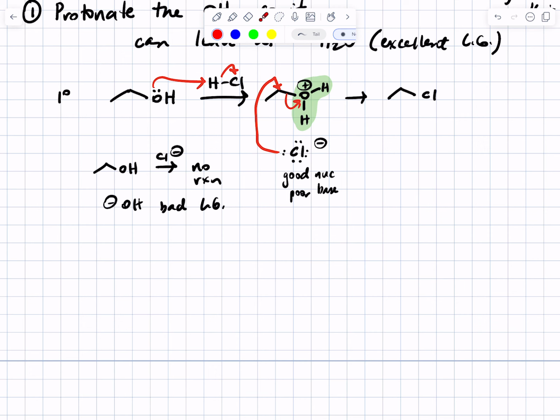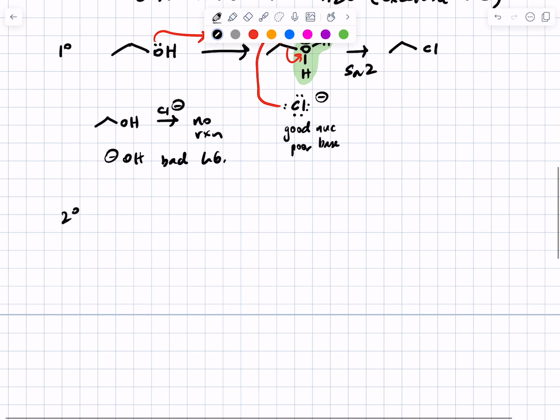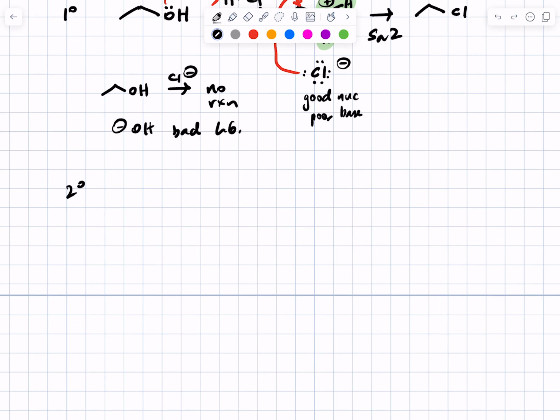Protonate, and then what happens with the primary alkyl halide is sort of an SN2 type reaction. It gets a little bit more complicated for secondary and tertiary alcohols. So to illustrate this, I'm just going to show you what the experiments say, and then we'll have to rationalize the data.